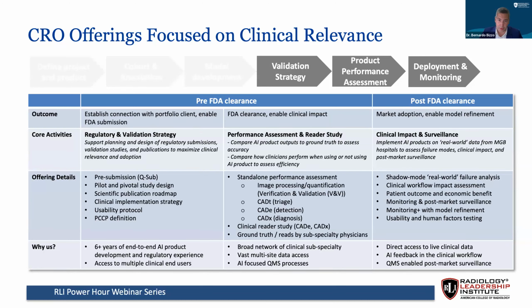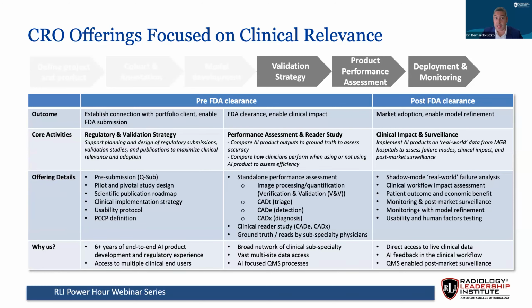There are three main verticals, starting on the left side: regulatory and validation strategy. Typically for this type of activity, we need to design a study protocol in preparation for an FDA submission. Sometimes there's a need to run pilot studies, so we can de-risk a product that may underperform because it was never exposed to data from the United States, and it also helps calculate the sample size for a pivotal study for an upcoming FDA submission.